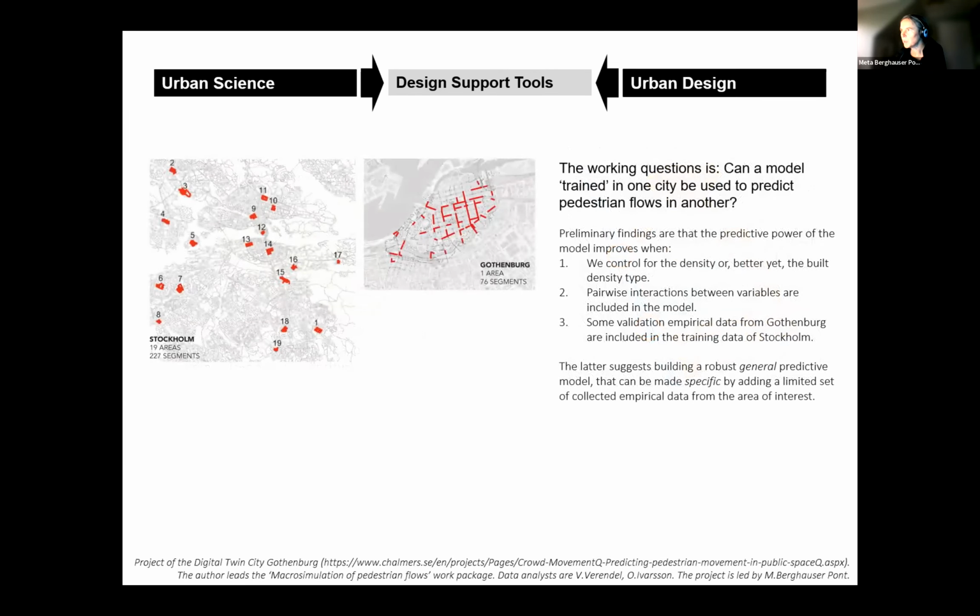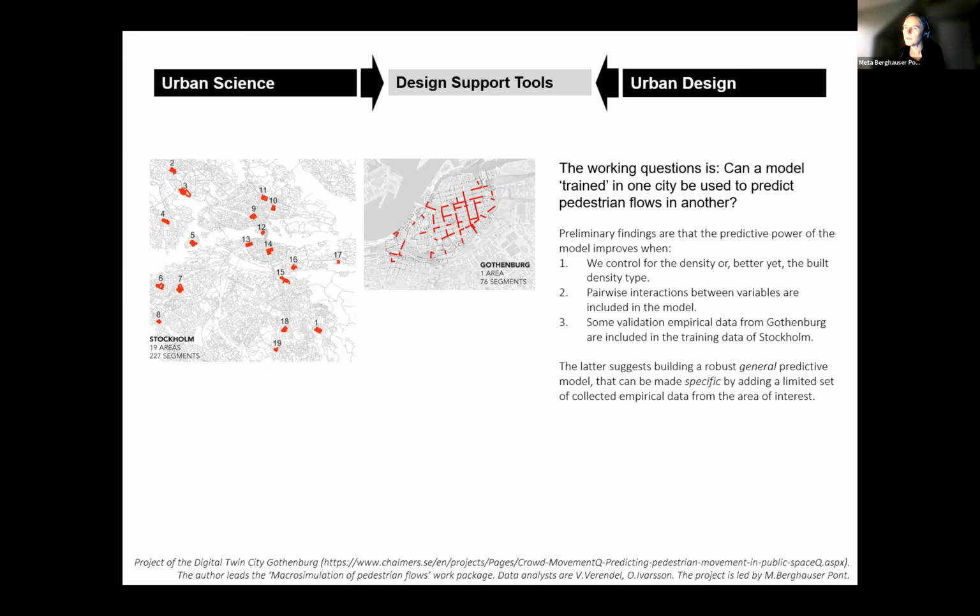So what we do is that we ask the question, can a model that is trained in one city predict pedestrian flows in another city where you don't have the empirical data of the pedestrian counts? We use our studies in Stockholm. So we have all these empirical data that we already gathered earlier.